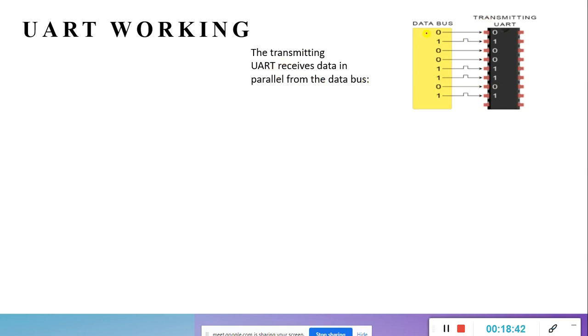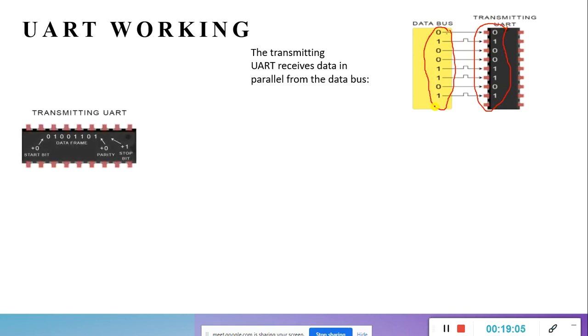The transmitter receives the data in parallel, which means that whatever data is present in your bus is received by the transmitter in a parallel form.